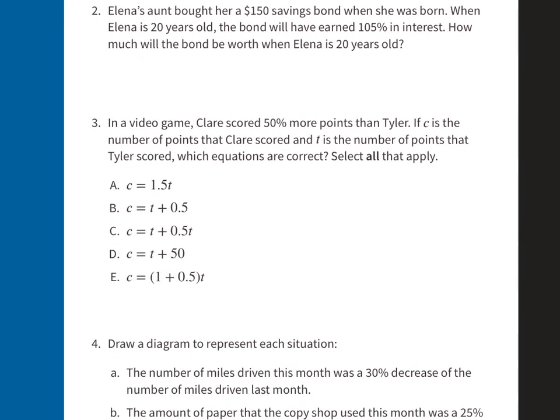Okay, number 3, in a video game, Claire scored 50% more points than Tyler. If C is the number of points Claire scored and T is the number of points Tyler scored, which equation is correct? Well, if you notice, they're all C equals. And it says 50% more.